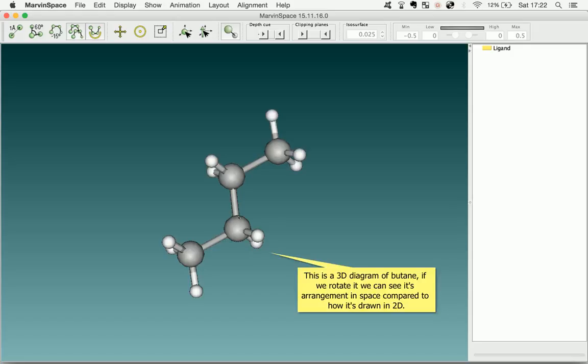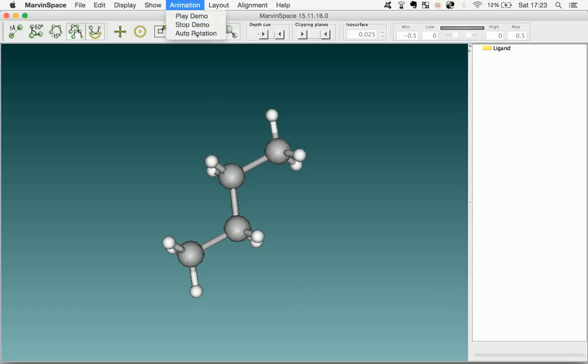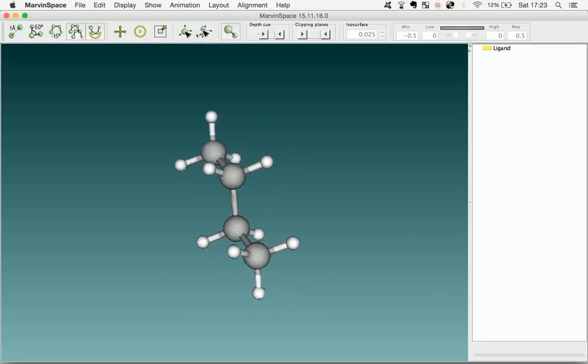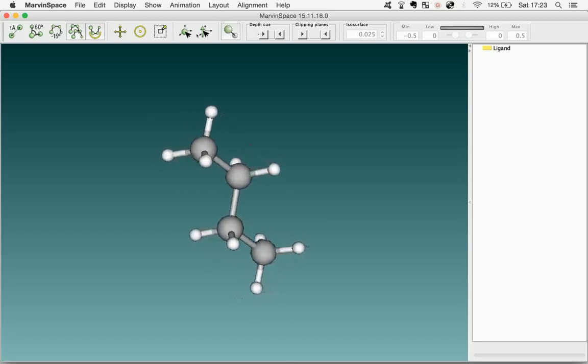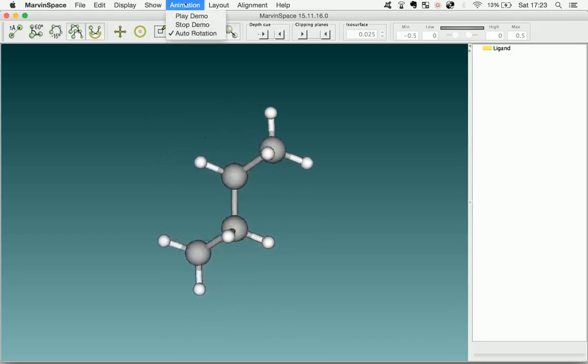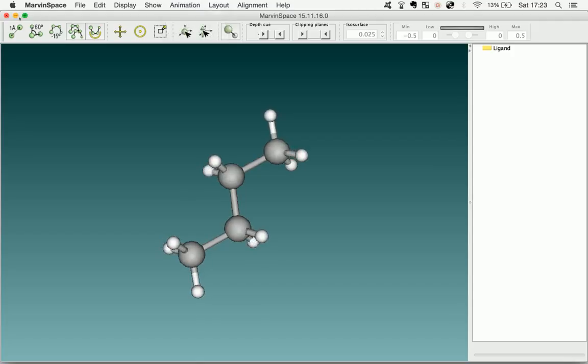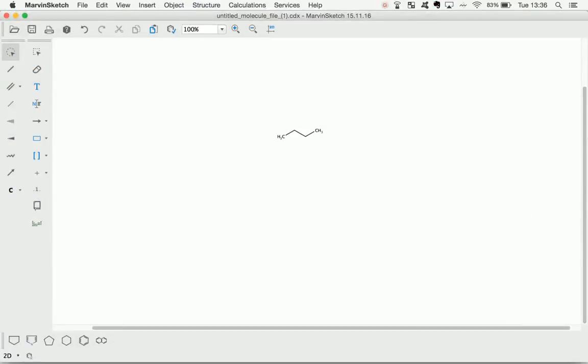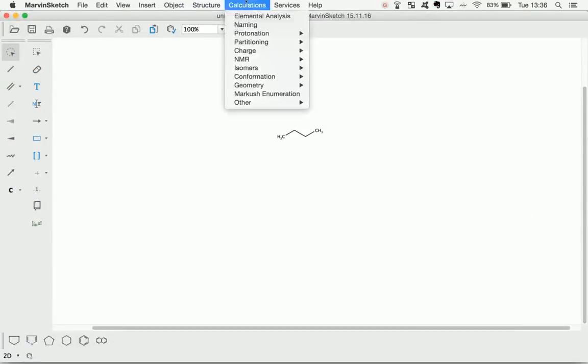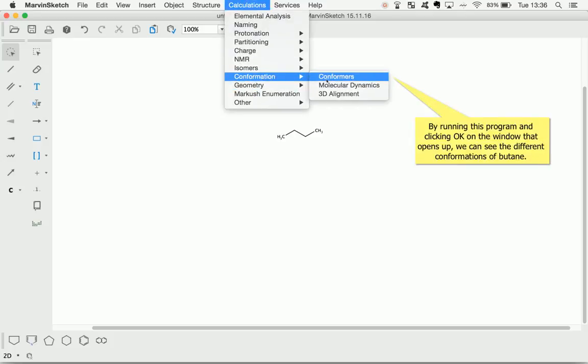If we rotate it, we can see its arrangement in space compared to how it's drawn in 2D. By running this program and clicking OK on the window that opens up, we can see the different conformations of butane.